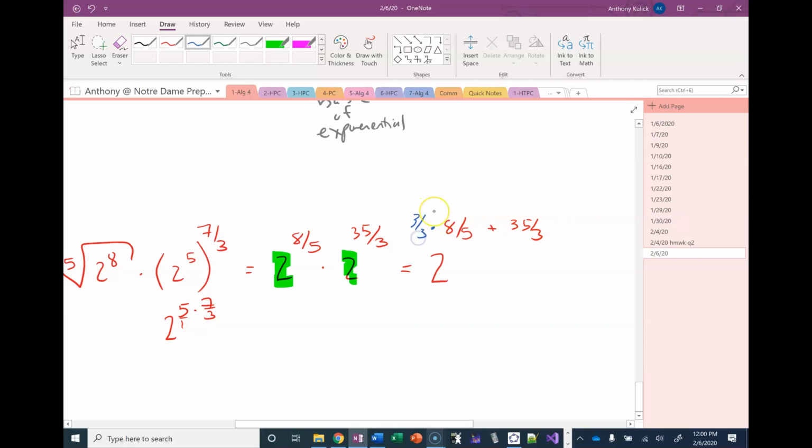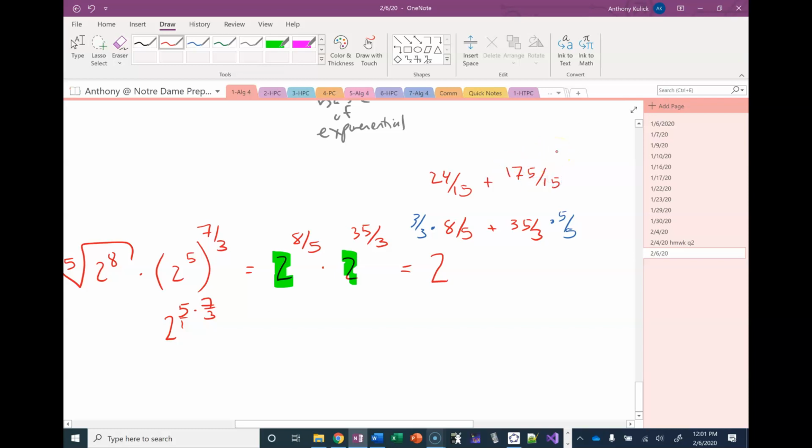So what should I multiply 8 fifths by? How about 3/3? Because that'll give me a denominator of 15, right? What should I multiply 35/3 by? 5/5. So when I do that, 8 times 3 is 24. 3 times 5 is 15. 35 times 5 is 175.